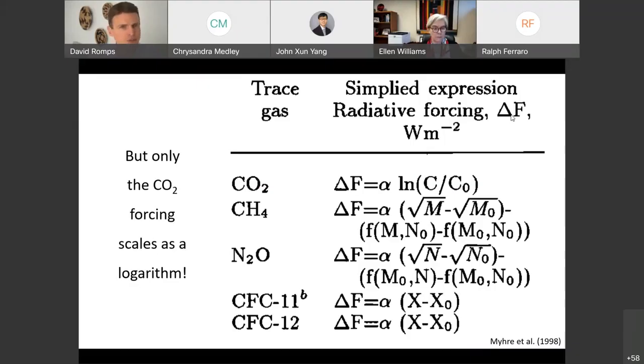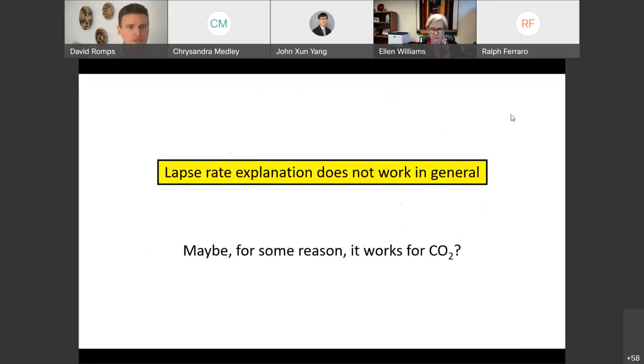So something's wrong. Our derivation, this lapse rate explanation, would seem to work for any greenhouse gas, at least theoretically, and yet it only seems to work for CO2. So let's be generous here. We see that the lapse rate explanation does not work in general, but maybe for some reason it works for carbon dioxide. So what could that reason be?